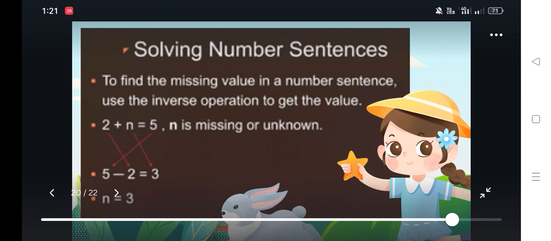Since plus is what is in the given, we will use minus. So let's rearrange, the 5 goes first. So 5 minus 2, since the inverse operation of plus is minus, is equal to 3. So our missing number or the unknown number is equal to 3. Very good.